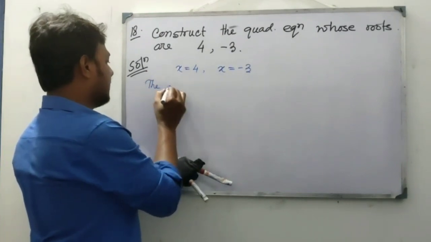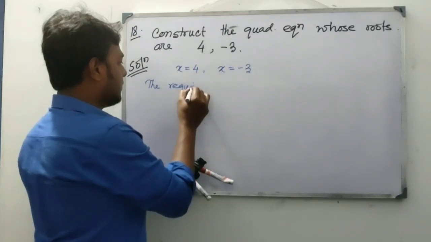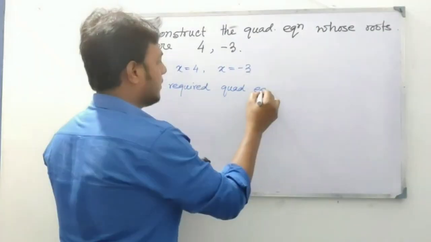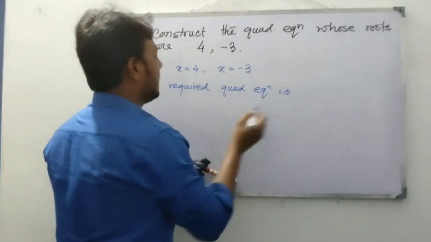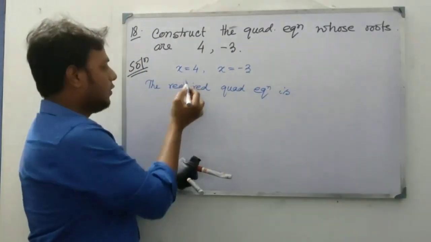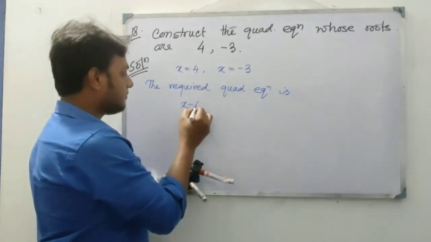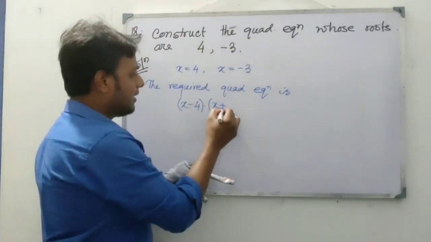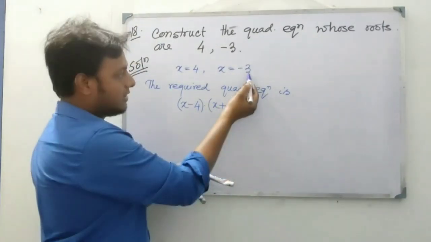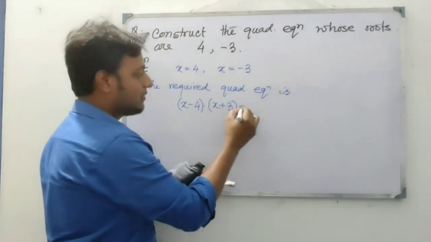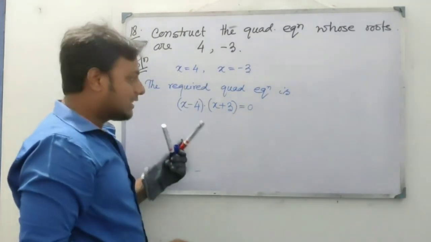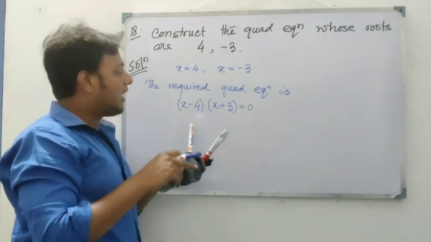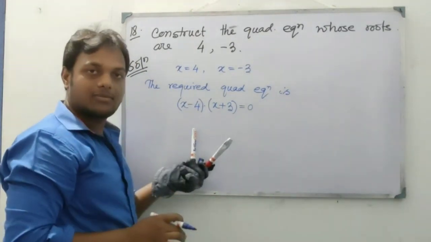The required quadratic equation is x minus 4 into x plus 3 equals 0. Understood? The last line after middle term factor should be like this.